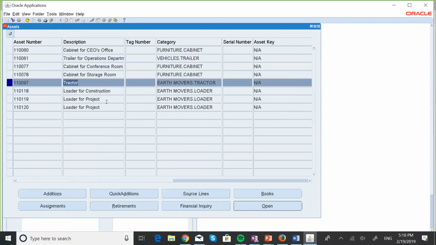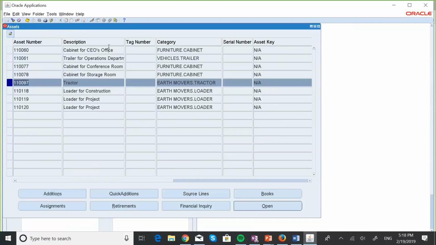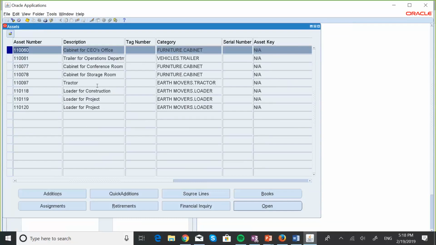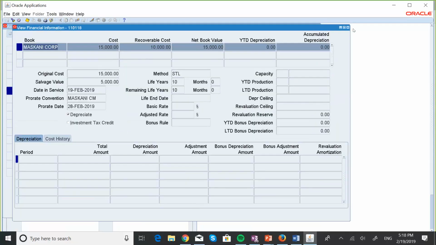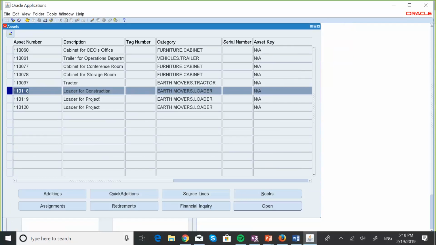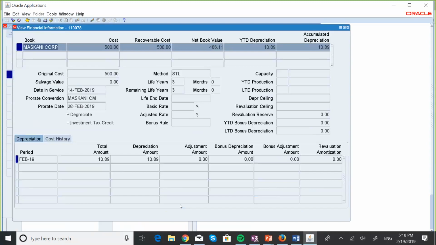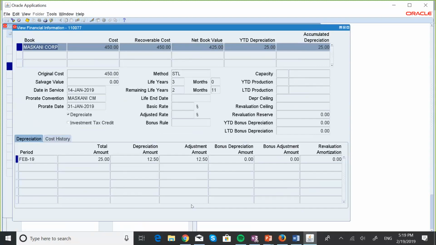Would have been the tractor. 10th February. Okay. Cabinet for conference room. Okay.